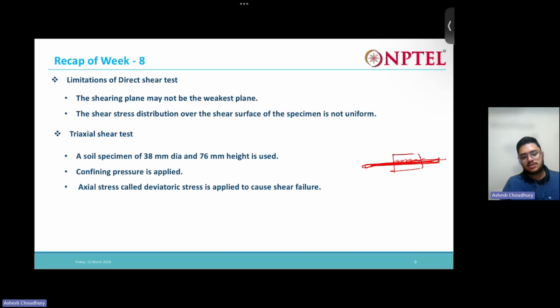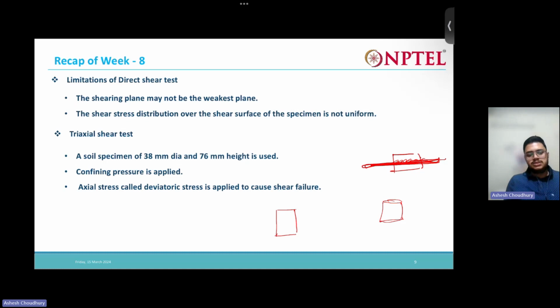Okay, triaxial shear test. In the triaxial shear test, there is a cylindrical sample. The soil specimen has a 38 mm diameter and 76 mm height. So the L by D ratio is 2, right?